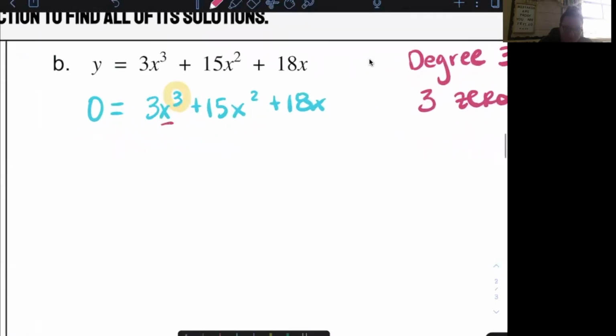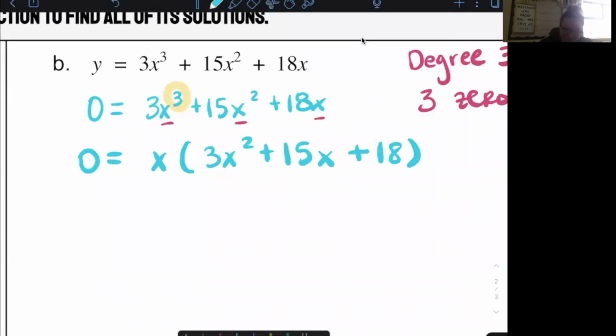You might notice that these all have a GCF, and then you're going to want to see if you can factor it even more after that. So why don't you go ahead and try to factor this completely, and then press pause, and press play when you're ready to check your factors, and then we'll solve it from there. Give it a shot.